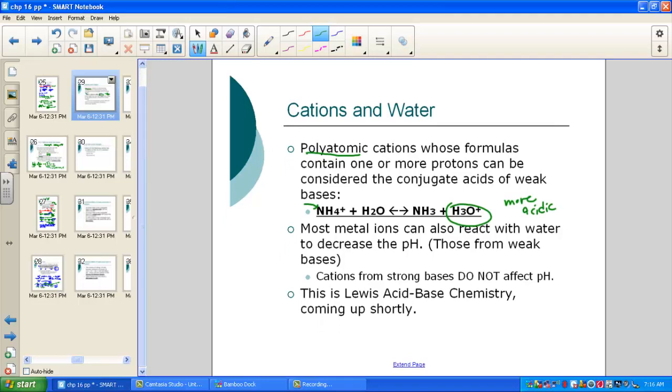Polyatomic ions undergo hydrolysis, making the solution more acidic. Metal ions can also react with water to decrease the pH if they are considered weak bases. Remember, cations from strong bases do not affect the pH.